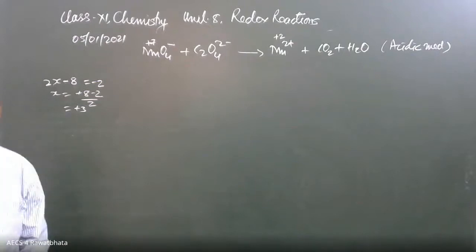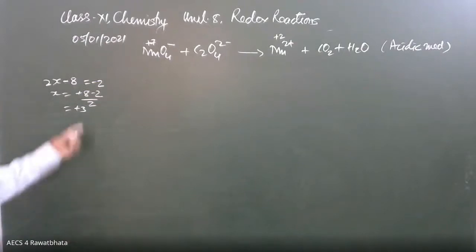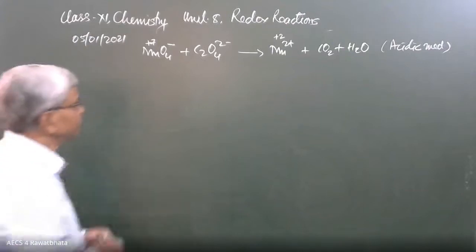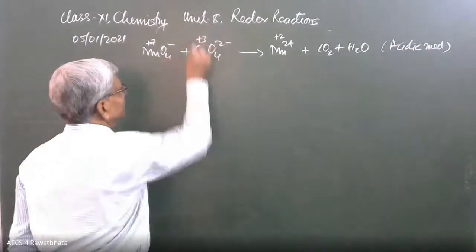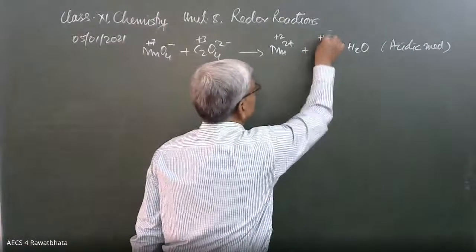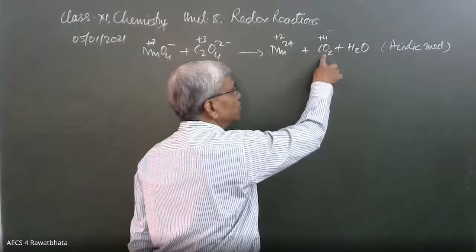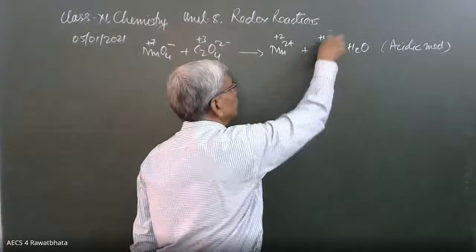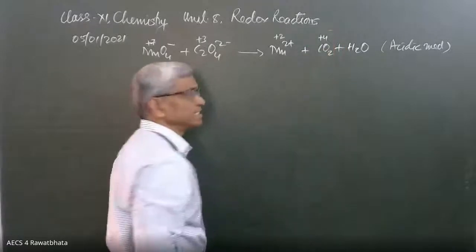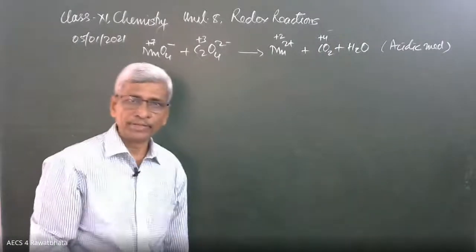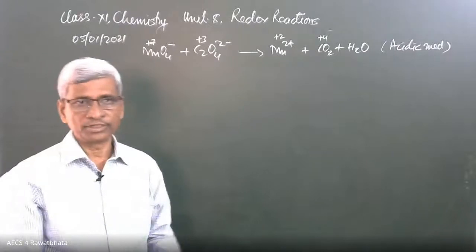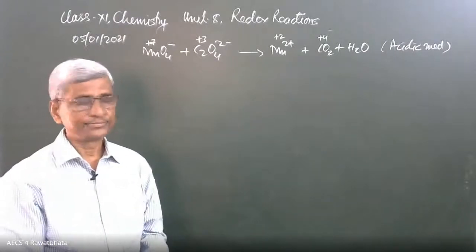Oxalate ion, the carbon compound, here carbon oxidation state is plus 3. Okay, beta? This plus 3 is going to change into plus 4 because oxygen is minus 2, and for 2 oxygen here it is minus 4. Carbon oxidation state is plus 4. Don't worry about H2O or whether H positive is mentioned or not. That will come automatically. Okay.